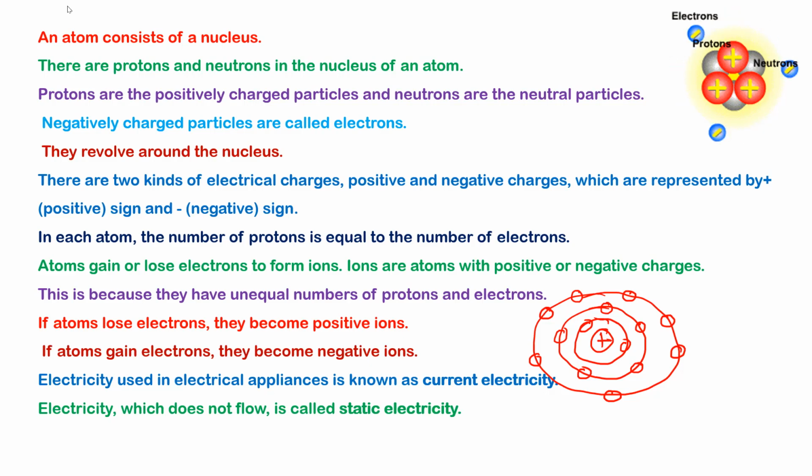The nucleus of an atom is positive, so it is able to attract the negatively charged particles, that is the electrons. Now in the atom there are a lot of orbits where the electrons are revolving around the nucleus. As you can see in this diagram, in the last orbit the electrons are present, but the electrostatic force of attraction on those electrons is very much less.